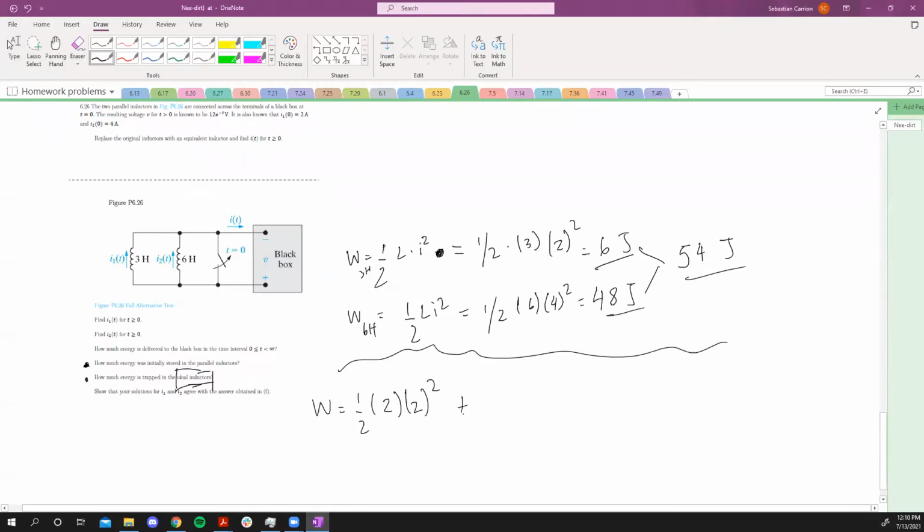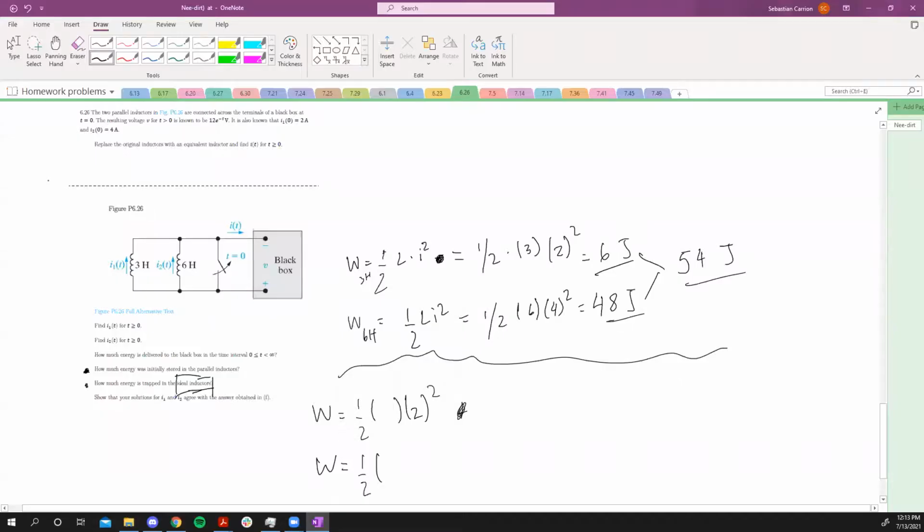Actually, we can think about this as the energy trapped in the ideal inductors.